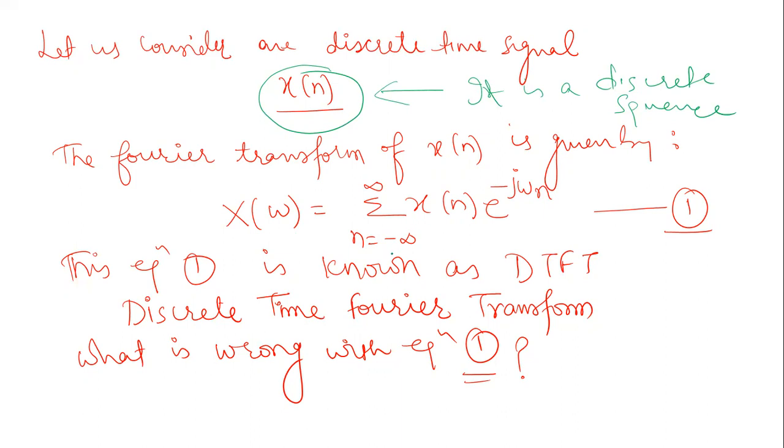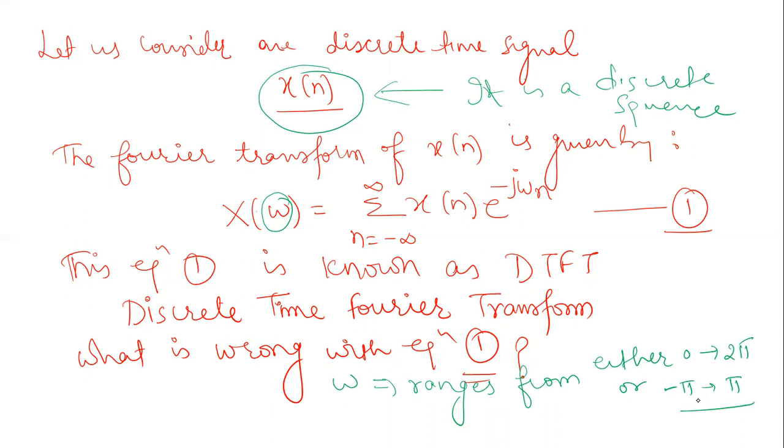Now if you see this equation 1, this omega ranges from either 0 to 2 pi or minus pi to pi, right?